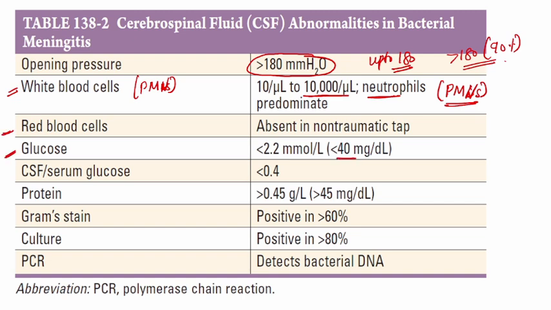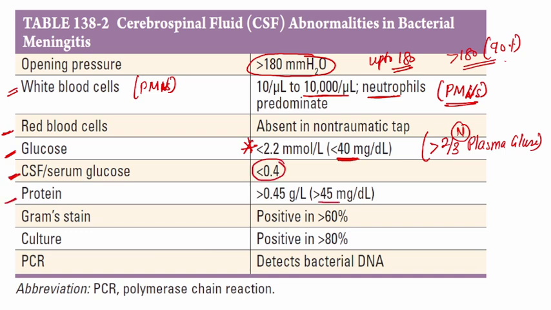Glucose is less than 40 milligram per deciliter. Otherwise, it is more than 2/3 of plasma glucose in the normal scenario, but if it is less, it is very suggestive of bacterial meningitis. CSF to serum glucose ratio is less than 0.4. The normal is 0.4 or more.